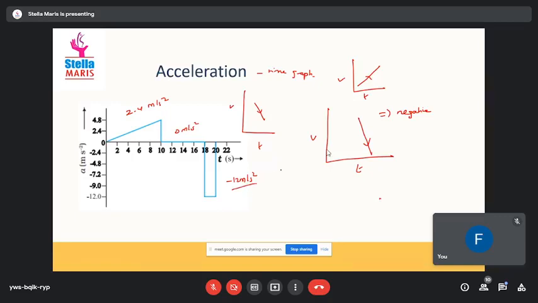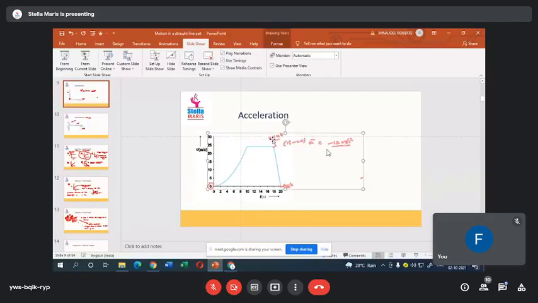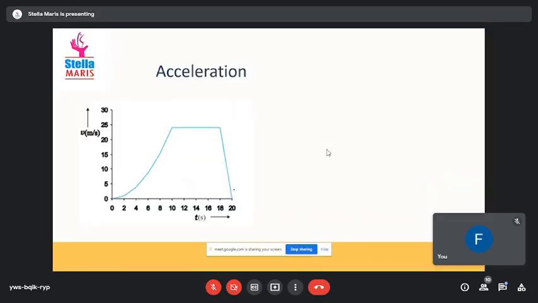So what happens here when we apply a brake? Just a moment. When we apply a brake at 18 seconds, this minus 12 meter per second squared comes into effect.